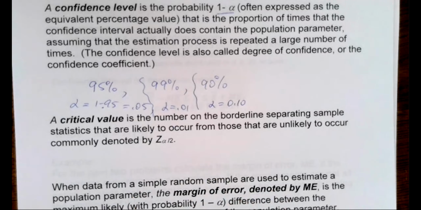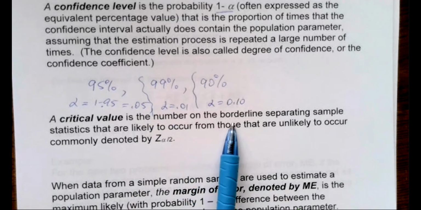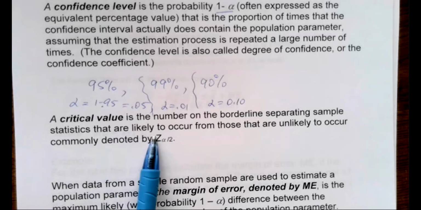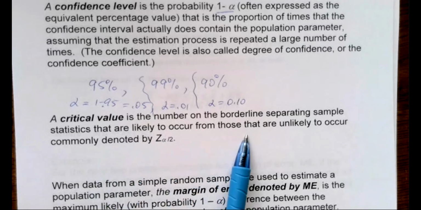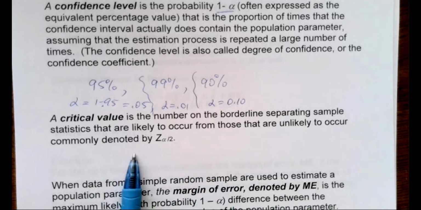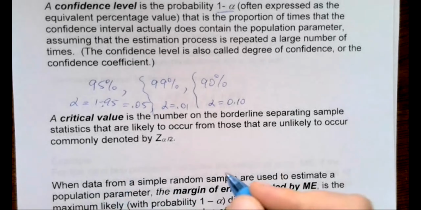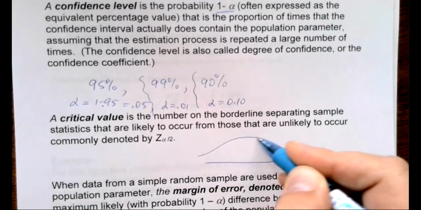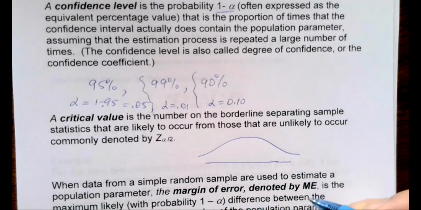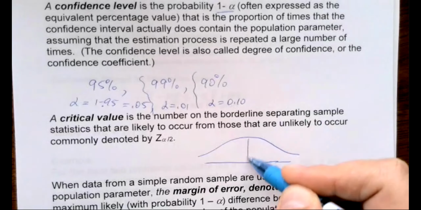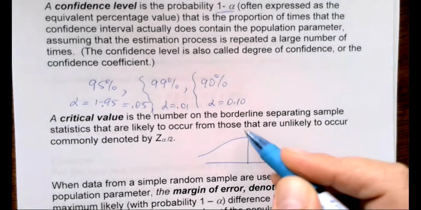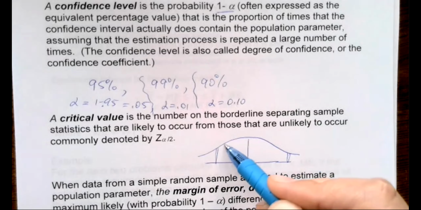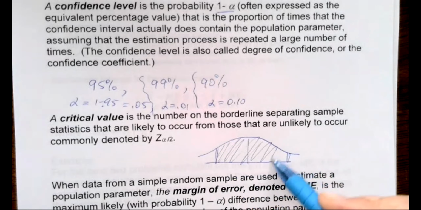Critical value. Critical value is the number on the borderline separating the sample statistics that are likely to occur from those that are unlikely to occur, commonly denoted by Z of alpha over 2. So if we're looking for, let's say, a 95% confidence interval, what that means is that we're going to build the interval 95% around the mean.